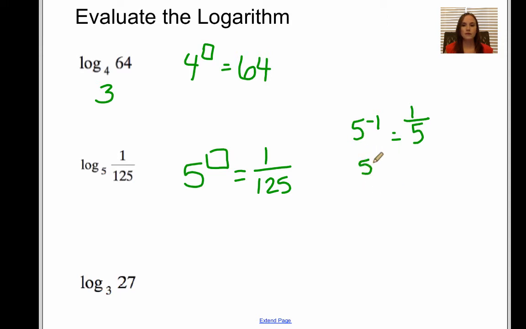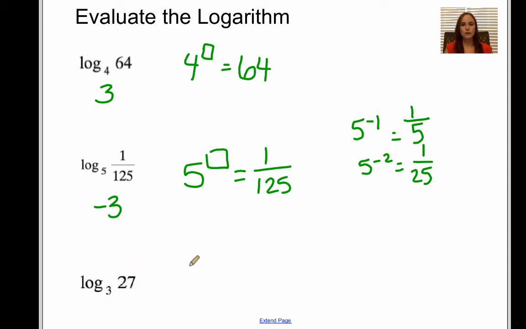And 5 to the -2 power is 1 over 25. So 5 to the -3 power would be 1 over 125. So this answer, or the value of this logarithm, is -3, because that is the exponent that I would place here to create 1 over 125.